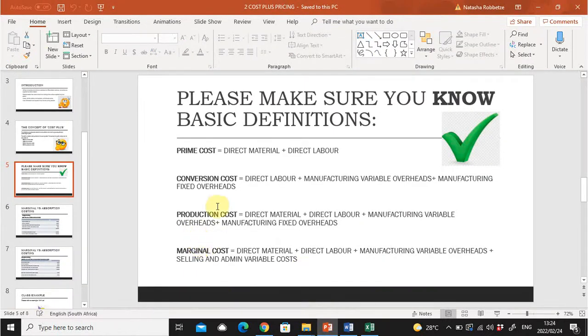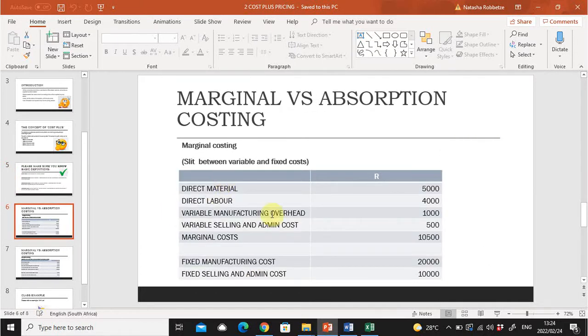Marginal costs are direct material, direct labor, variable manufacturing overhead, and variable selling and admin costs. So if we look at our marginal layout, it's demonstrated as well that it is the material, the labor, the variable manufacturing overhead, and the variable selling and admin all added together gives us marginal cost.